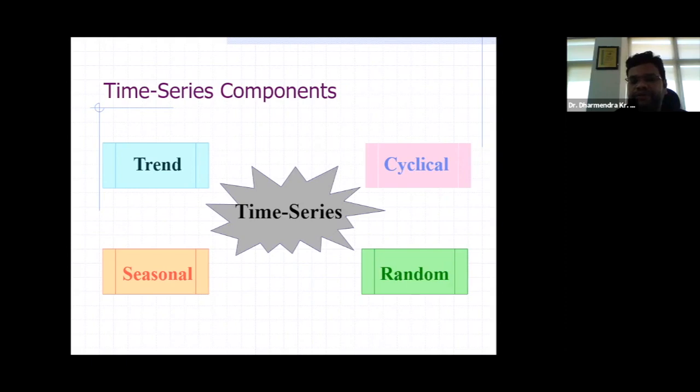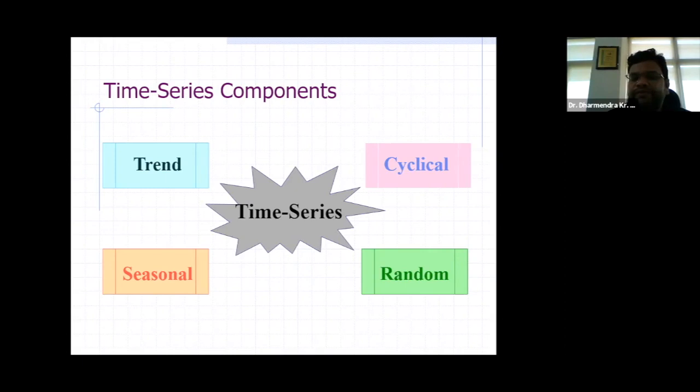Trend is nothing but the tendency of data to increase or decrease during a long period of time. If over a long period your data is increasing, decreasing or constant, then this is called trend.